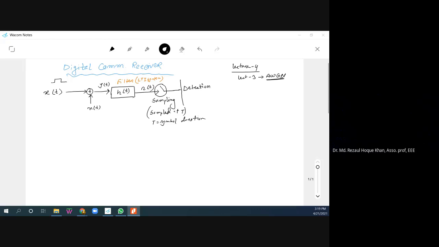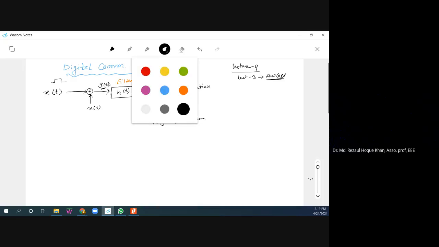Up to this point we have derived the signal y(t). Now, what happens at r(t)?